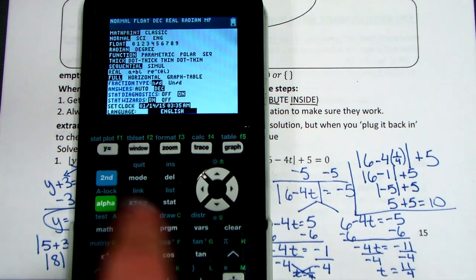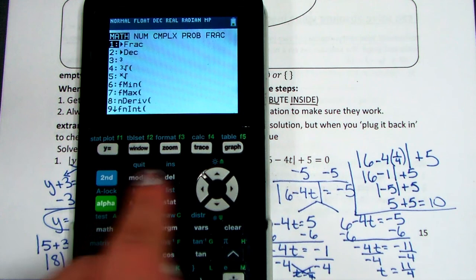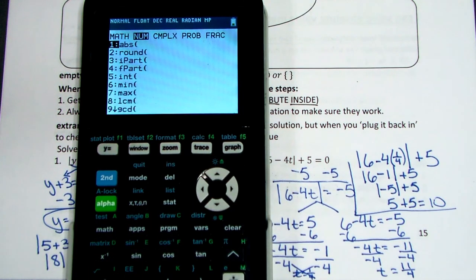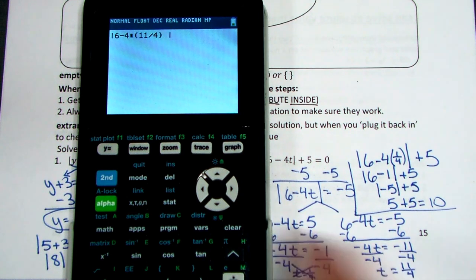But I'm going to go back to the form that we were using before so that it looks closest to what's on my page. So I'm going to press 6 minus 4 times, and I want to plug in 11 over 4 for t. So parentheses for fractions, 11 over 4, close my parentheses. Now I'm done with everything that's inside of my absolute value symbol.